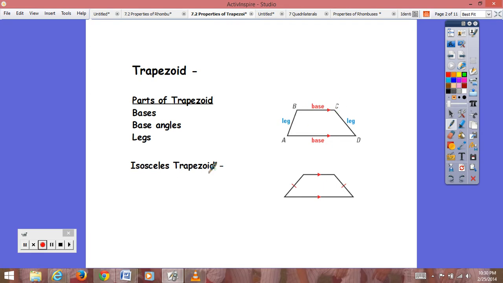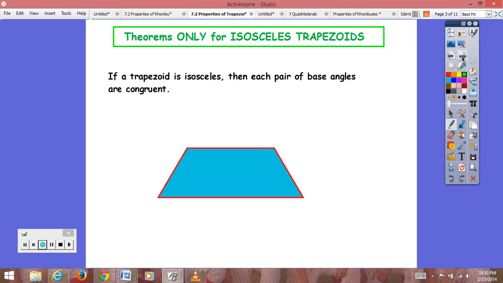An isosceles trapezoid has two congruent legs. So now a couple of theorems, and these are only for isosceles trapezoids. Okay, so keep that in mind. Only for isosceles trapezoids.